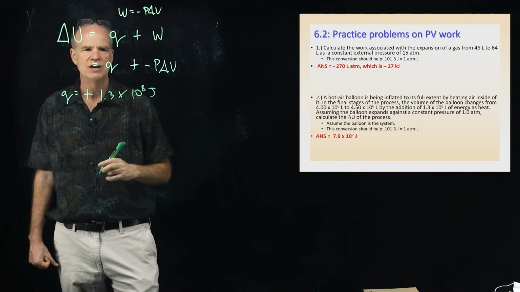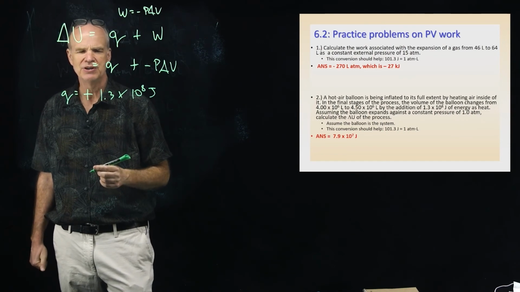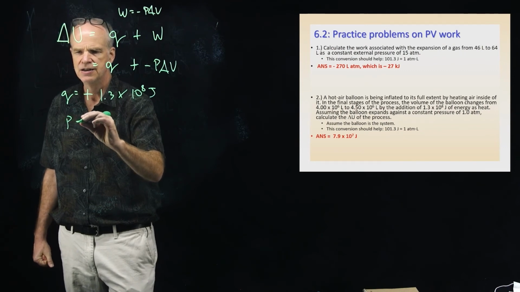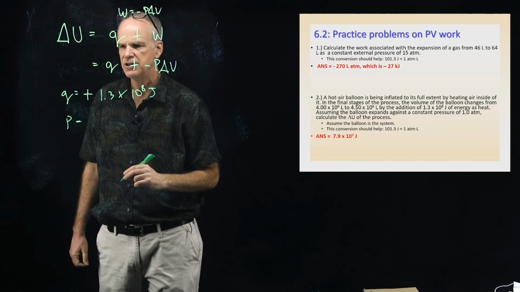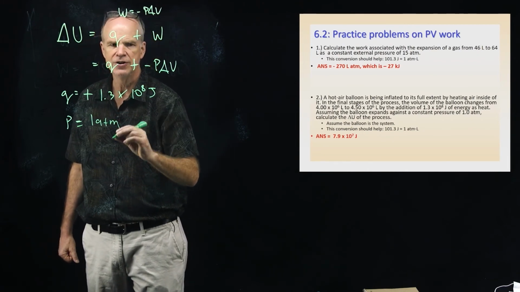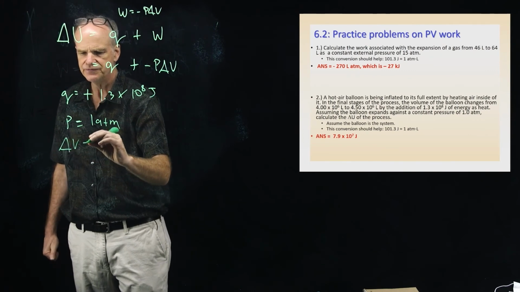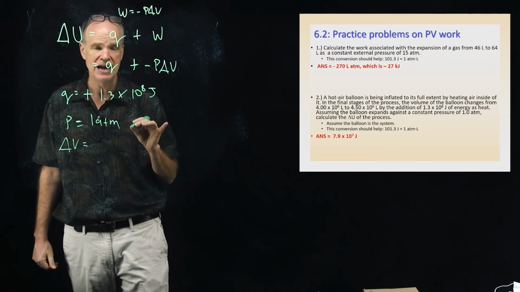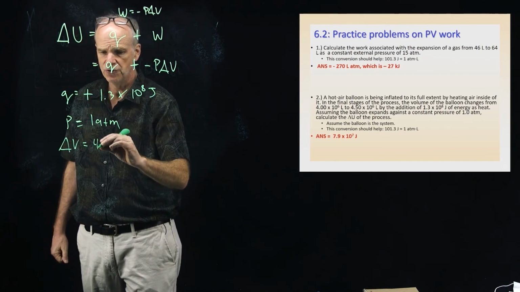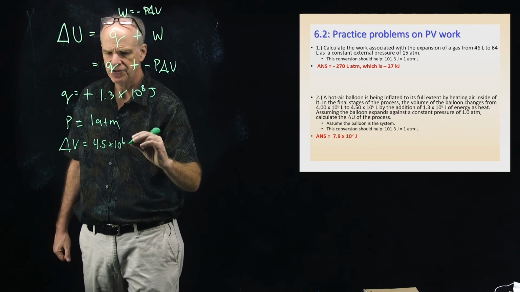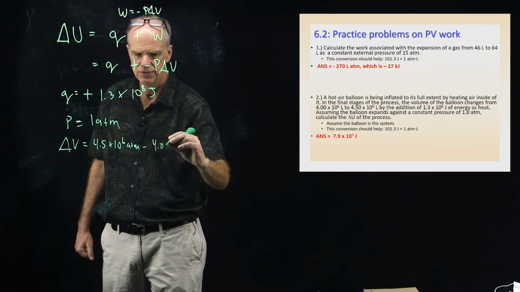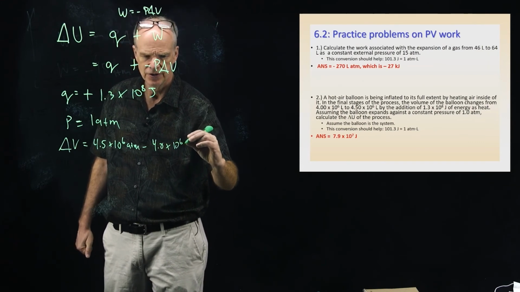Okay, now we have to figure out P delta V. So are we given any information for this problem? P is going to be 1 atmosphere, so that isn't so bad. Now how about delta V? Again, we want the final volume minus the initial volume. And so the final volume is 4.5 times 10 to the 6 liters minus the initial volume, which is 4.0 times 10 to the 6 liters.